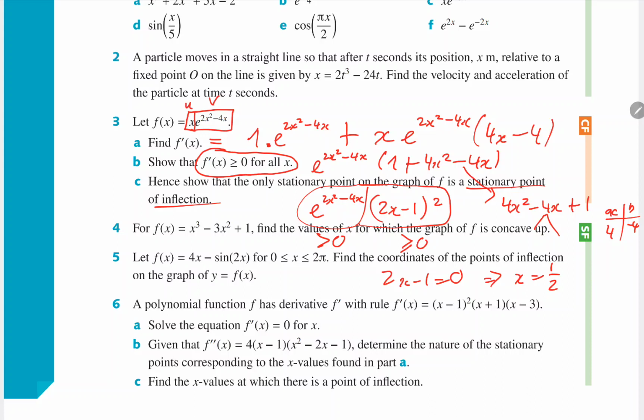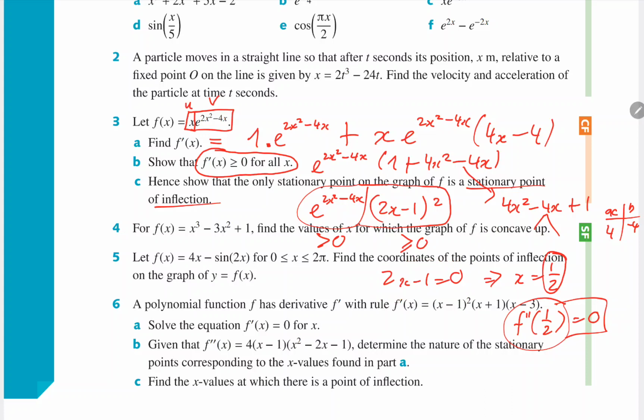You can find the second derivative and then sub this value in, to show that it must be equal to 0. Because a stationary point of inflection will have the second derivative equal to 0 as well as the first derivative equal to 0. So derive it again, sub the value in. Otherwise, you can try to calculate, but I wouldn't recommend that.